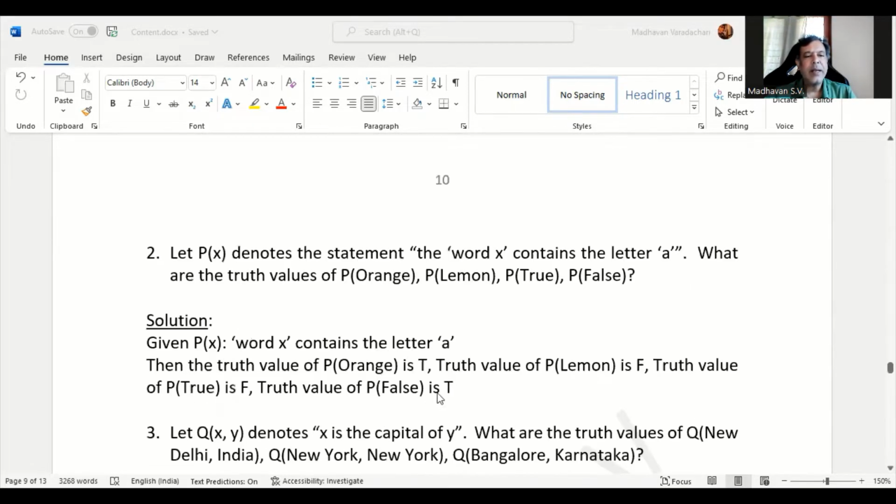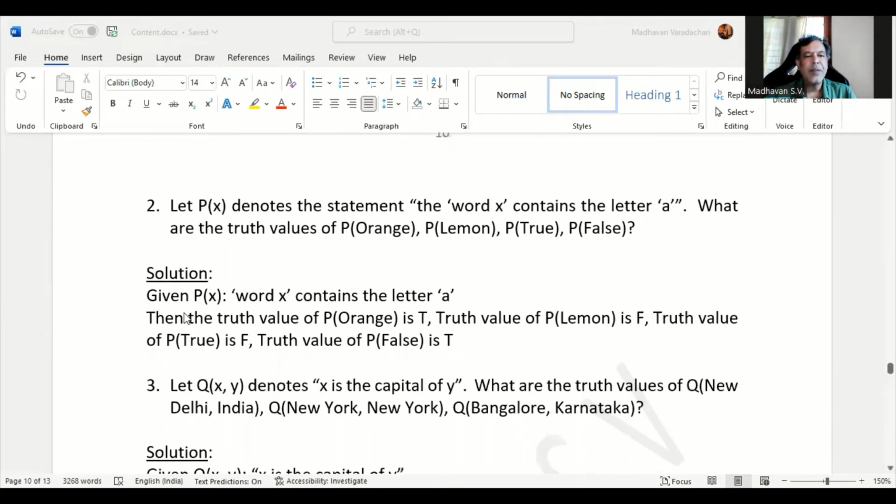Another example, let p of x denote the statement the word x contains the letter A, some word which contains letter A. Then we have to find out what are the truth values of p of orange, p of lemon, p of true, p of false. So here p of x is word x contains the letter A. Then the truth value of p of orange is true because it has got a letter A in this.